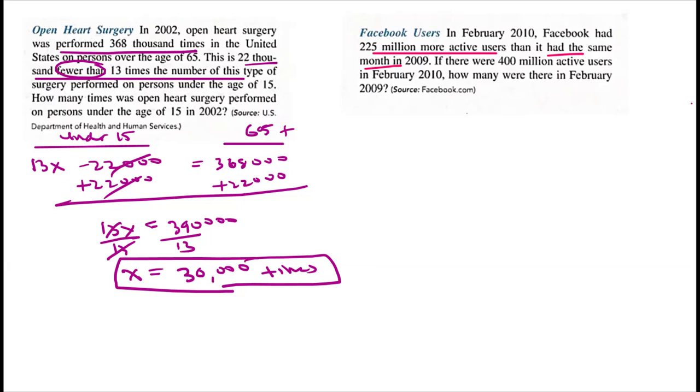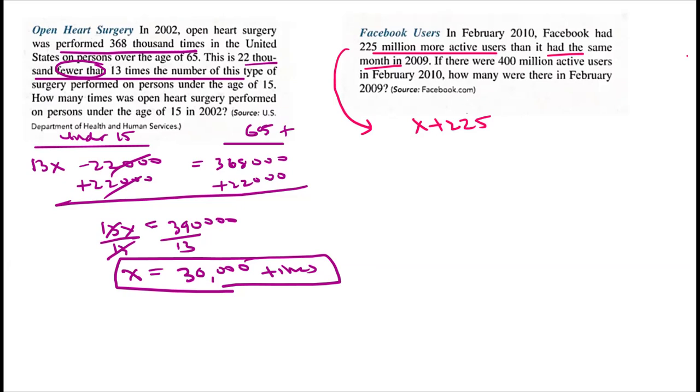So we can represent that by writing this as x plus 225. And since we're all in millions, I don't have to worry about it. I just know at the end I need to write down million. But again, it's telling me this is 225 million. So we want to figure out the original.